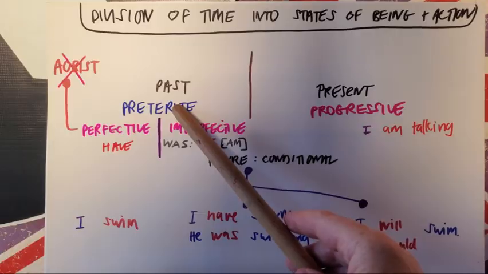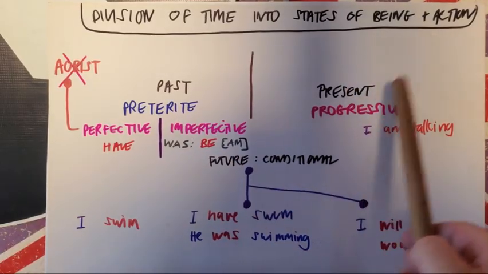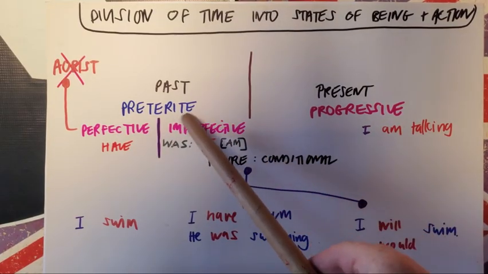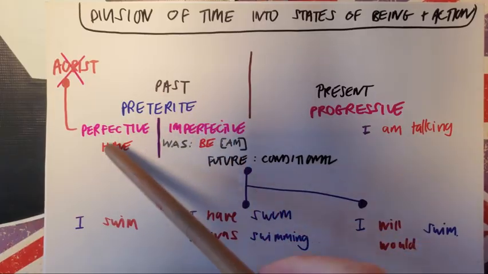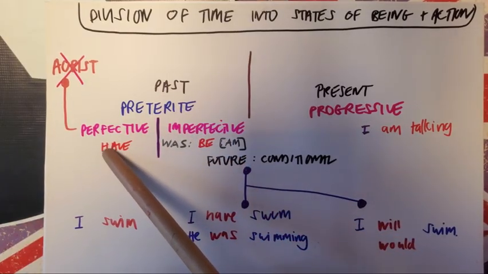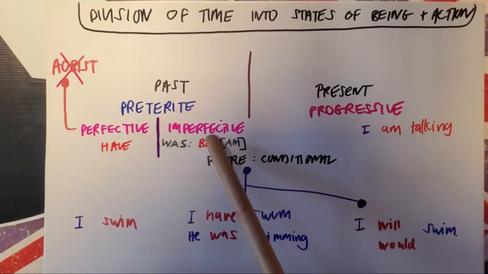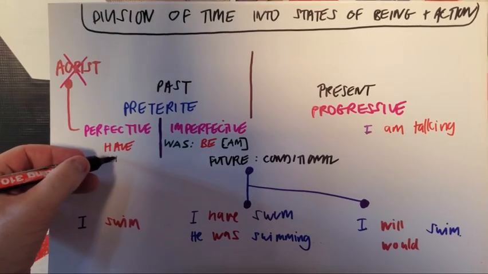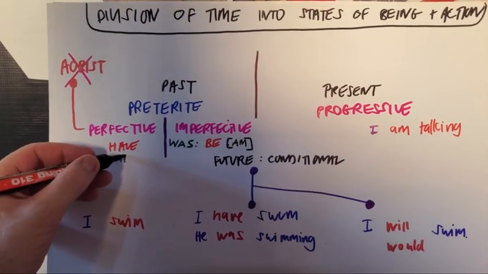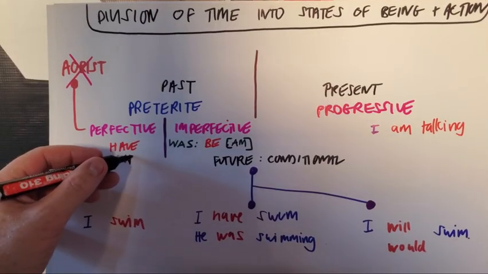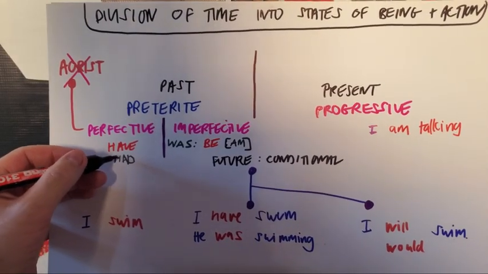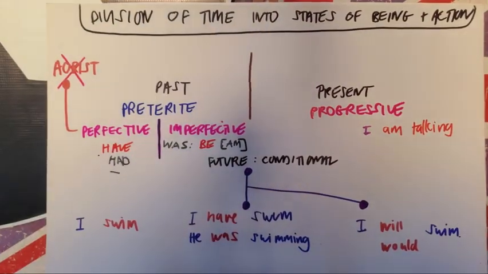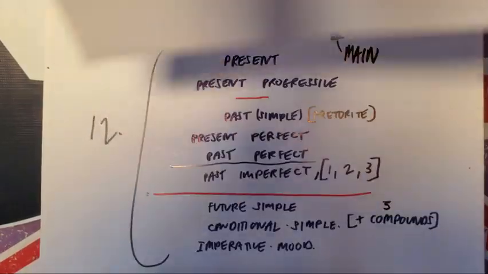The past, the present, progressive action, simple action, past, preterite is divided into perfective, I have or had, and the imperfective. Let me just add had there as well. If you see the verb podcast again and you don't see this, you'll know that it's a follow-up. It's another recording.